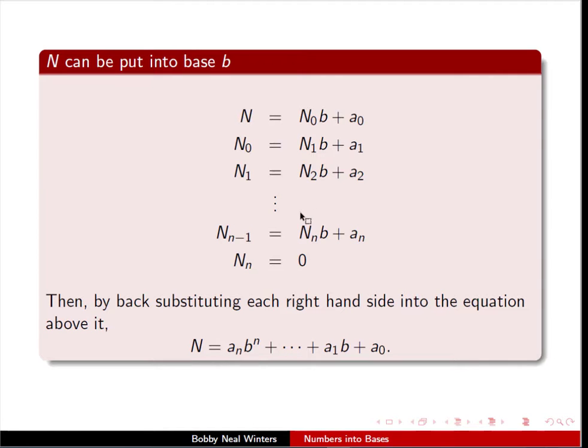In the previous one where I have n sub n minus 1, just take this and substitute it in. And keep doing that. Each time you'll be gaining another factor of b, and when you do, it rolls out into what we have here, that our original n is equal to this. And so our algorithm works. It will always work for any b.